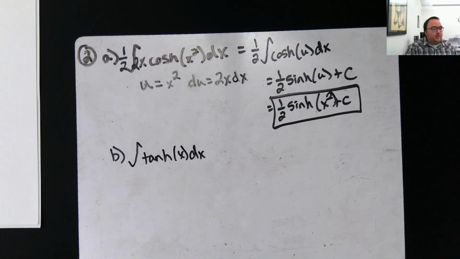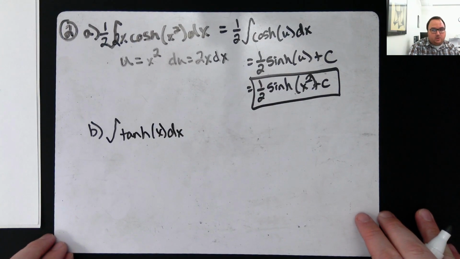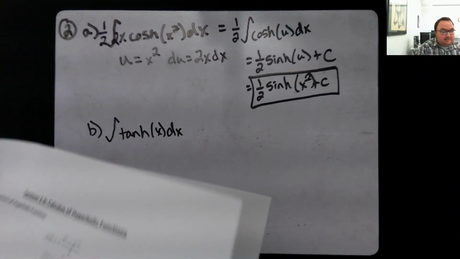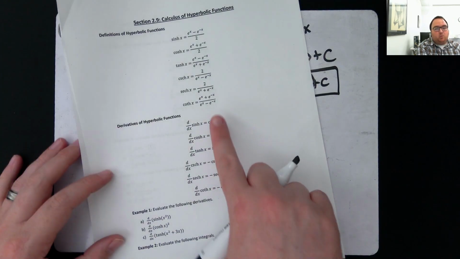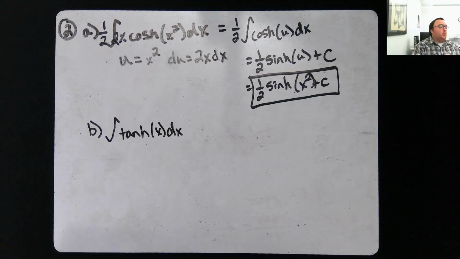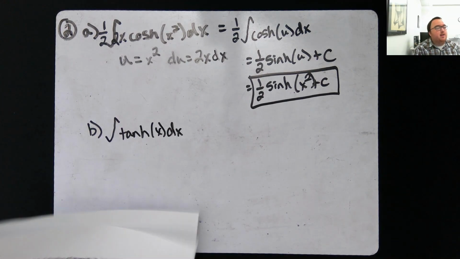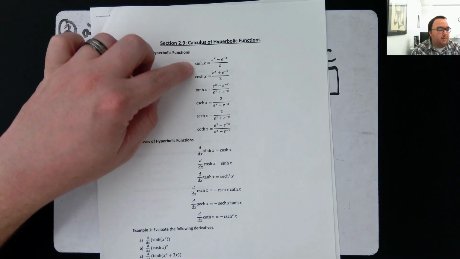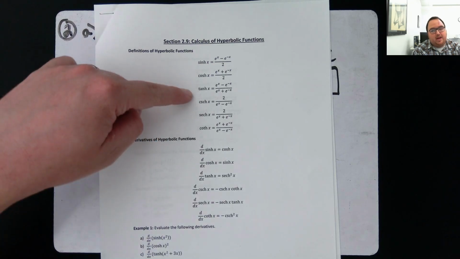Once again, the idea here is I want to take the antiderivative, so it would be really nice if there was a derivative that was hyperbolic tangent, but in looking at our rules, none of them are. But remember, just like with regular trig, hyperbolic tangent is equal to hyperbolic sine over hyperbolic cosine. I can see that here, right? If I did hyperbolic sine over hyperbolic cosine, it would give me hyperbolic tangent.